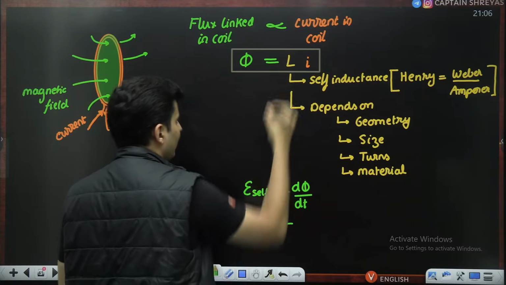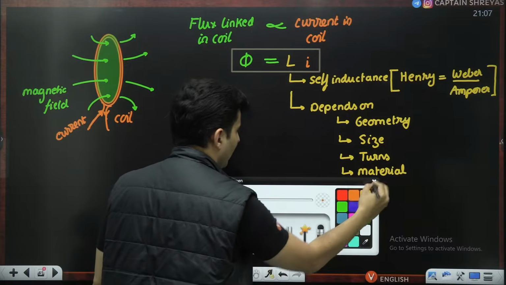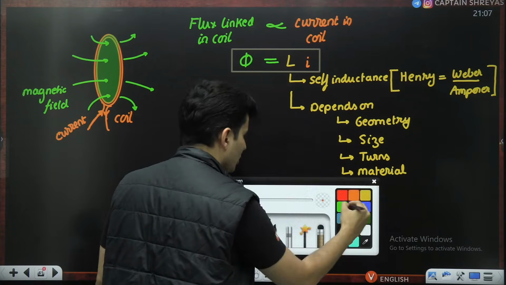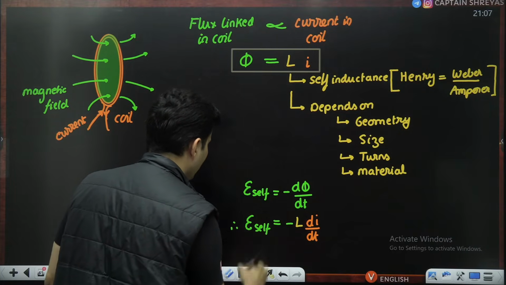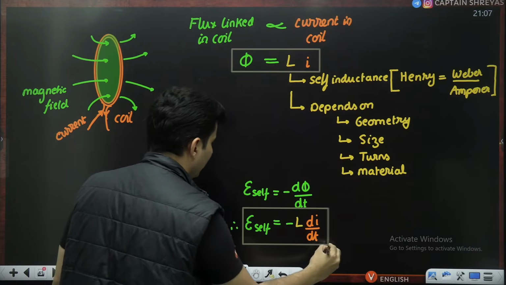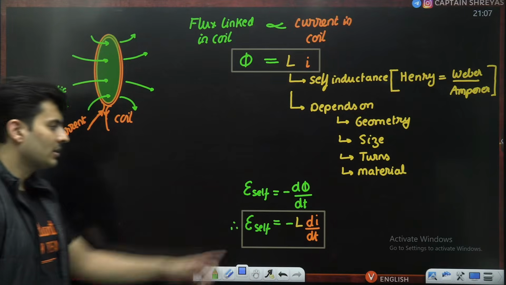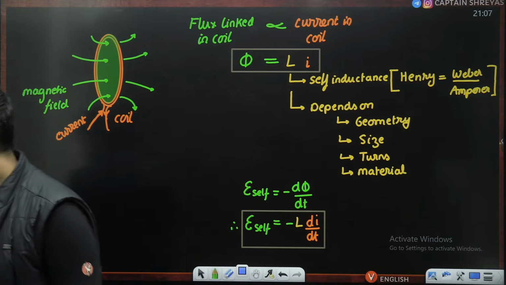So when I take the derivative of this, obviously the inductive property comes outside and I'm just left with di by dt. So the self-induced EMF produced inside an inductor is given, magnitude wise, by L times di by dt. L times how quickly the current changes. That's all. I hope this is clear.